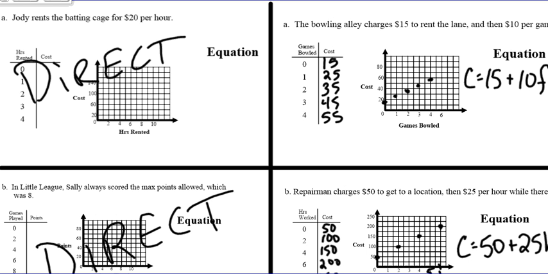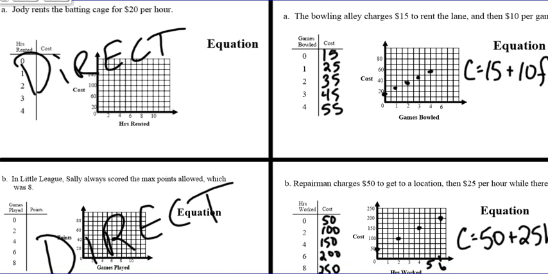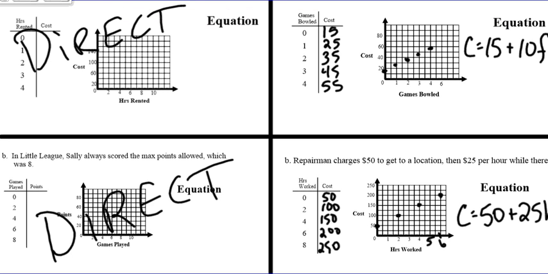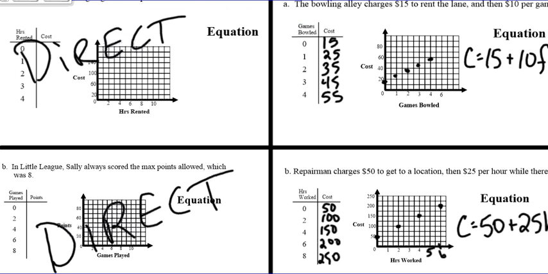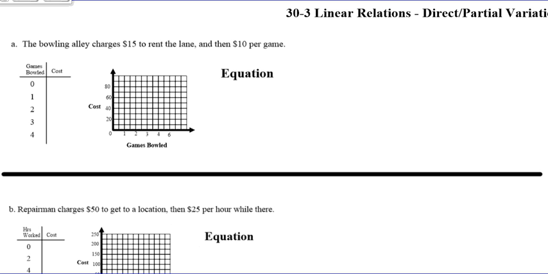If we go back to what we did before, these first two we identified as direct variations, so we don't worry about those. But now we can see we have partial variation because both of these graphs don't start at the origin, but they're starting somewhere on the y-axis. And that's important. So let's see what we can get with this information.